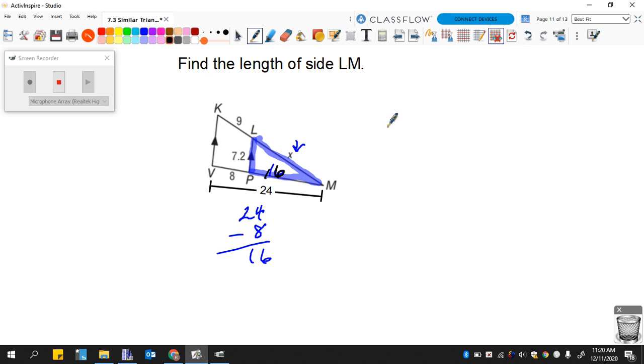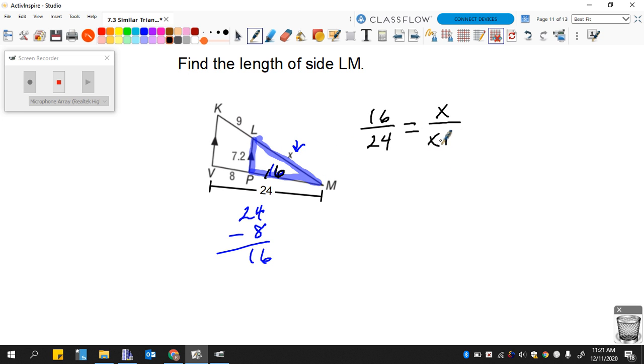All right. So the small one is 16 over the entire length, which is 24, is equal to x over, and there again, the complicated part about this is that it's not just 9, it's this x part plus 9.